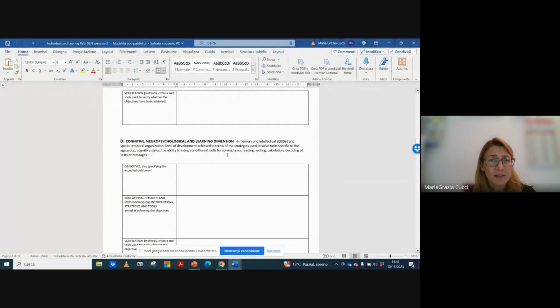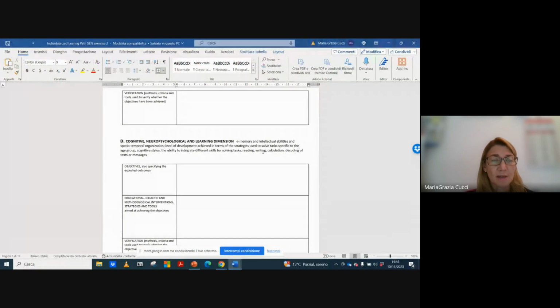Very important, the ability to solve tasks, understanding the messages and languages that are used to propose the problem to solve, the situation to solve, to the student.